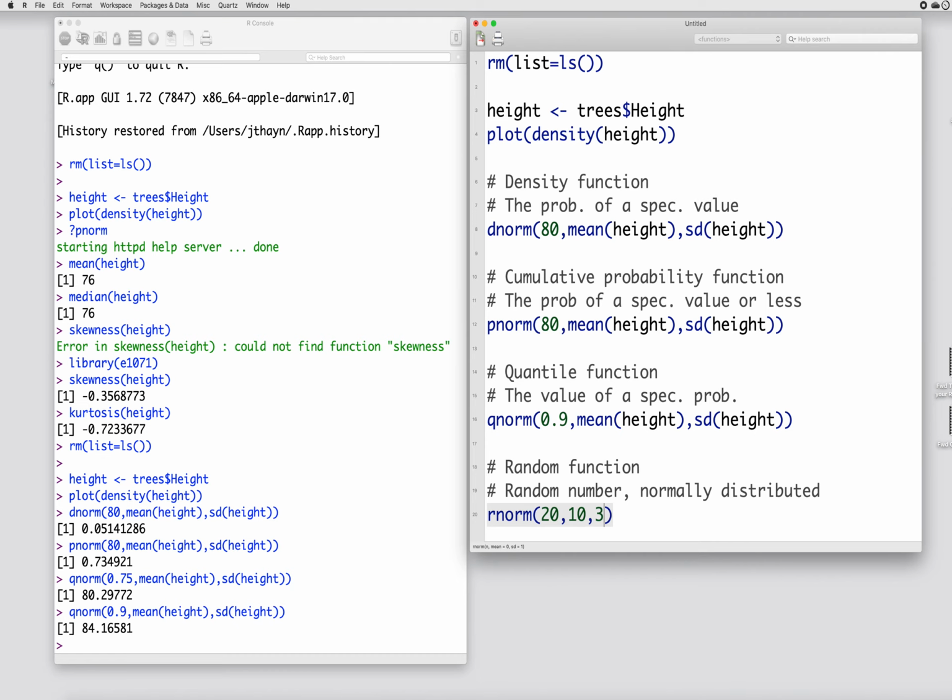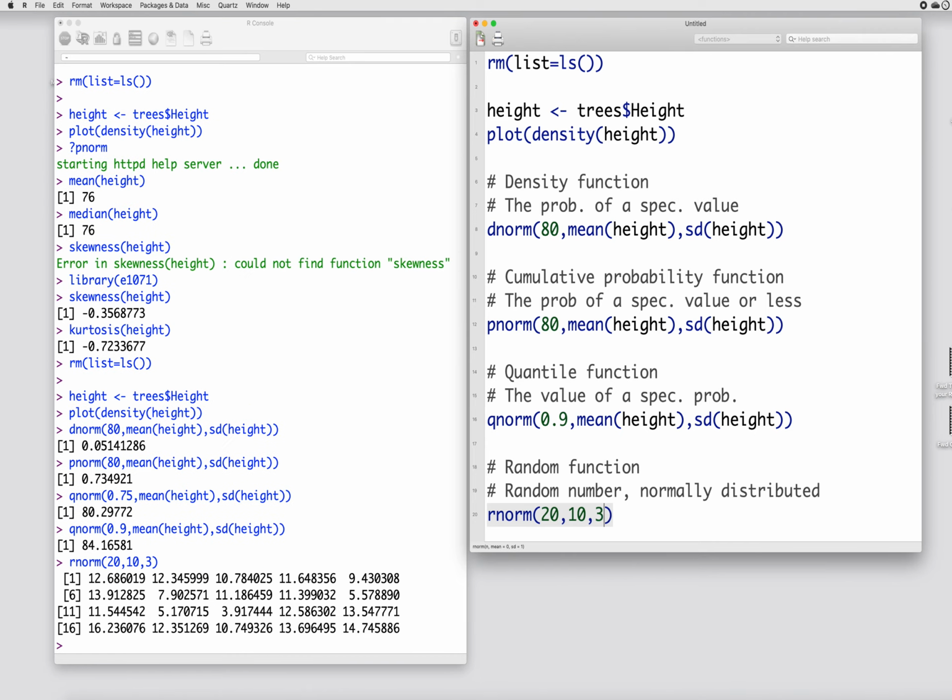So if I run this, it will create 20 numbers that have a mean of 10, and you can see that most of my numbers here are close to 10, but it has a standard deviation of 3, so my data are going to range from 1 up to 19, right, because that's 3 standard deviations below the mean and 3 standard deviations above the mean.